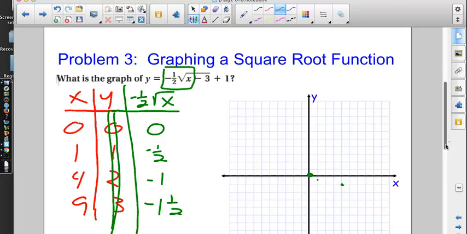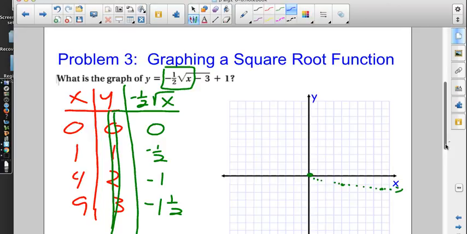And 9, negative 1.5. You can definitely see this one's been compressed. That's what that 1/2 is doing, it's compressing it. We can definitely see that this flip-flopped from the top of the x-axis down. So this is the shape of our new graph.